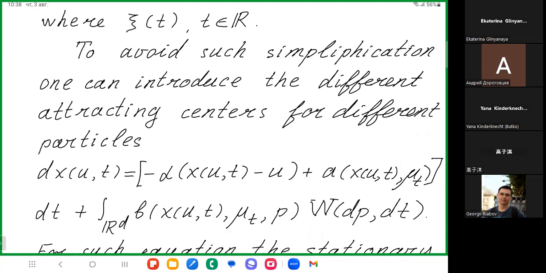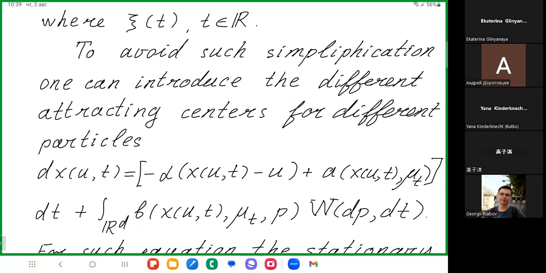You see, mostly the same equation, but here with this alpha we have the term x(u, t) minus u. It means now that this term pushes every particle to its initial position.